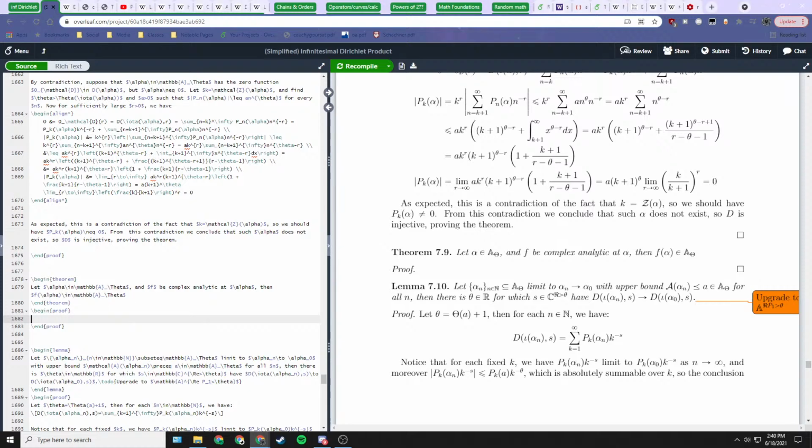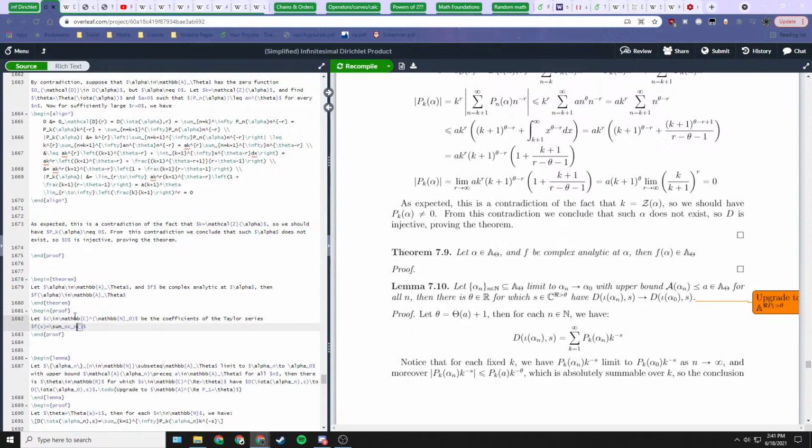So let's see here. Because this one was also pretty finicky. Okay, so we'll say, because we already got alpha, let c in C power n 0 be the coefficients of the power series, or sorry, the Taylor series. f of x is equal to the sum on n of c sub n times x minus p1 of alpha.